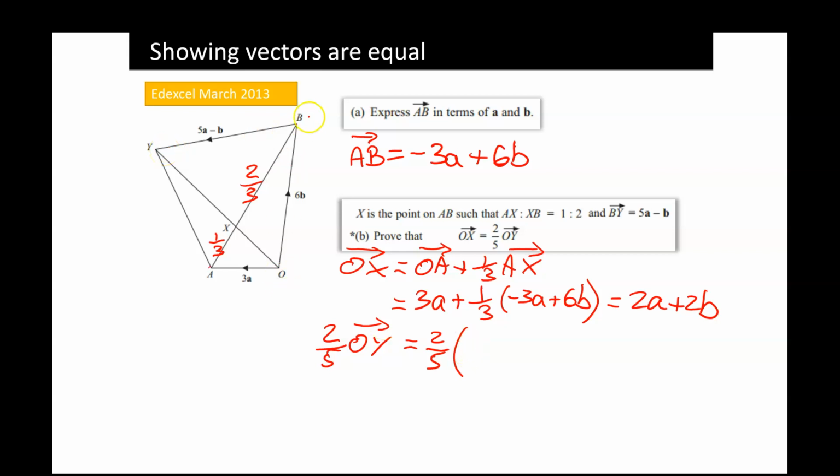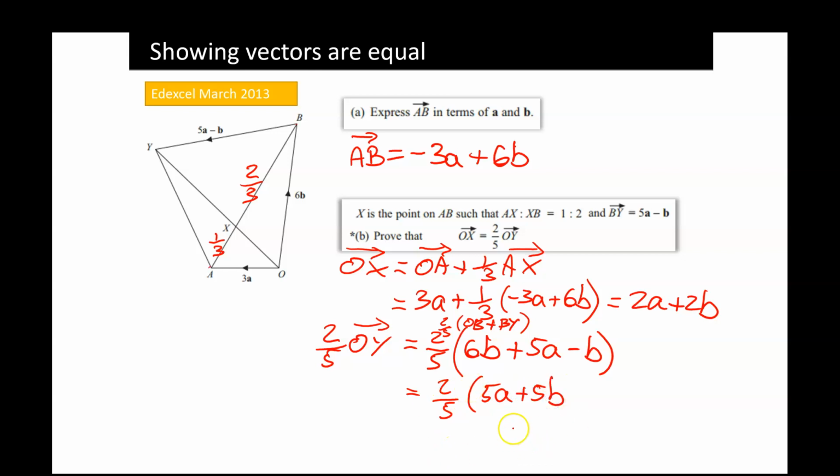So OB, 6B plus 5A minus B. Okay, so again, I could have put a line in there, 2/5 brackets OB plus BY. Have a bit of a tidy up, so that gives us 2/5 of 5A plus 5B. Let's multiply that out, that gives us 2A plus 2B.